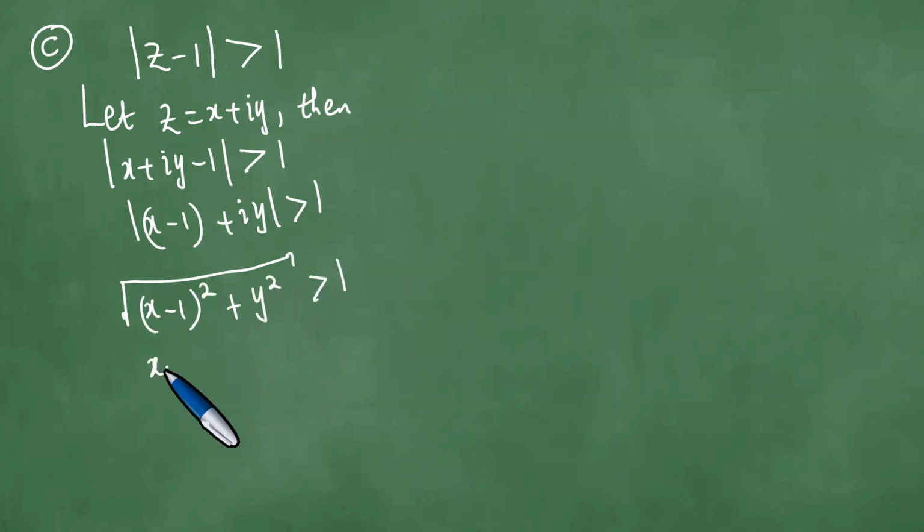If you square both sides, then we have (x minus 1) all squared plus y squared is bigger than 1.